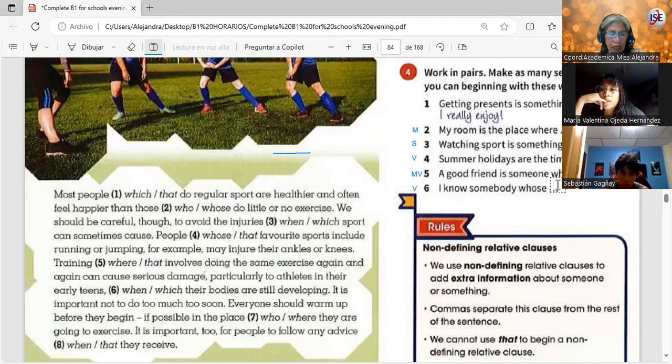Sebastian, can you do number 6? I know somebody who? Can you complete it, please? I know somebody who has a driver.